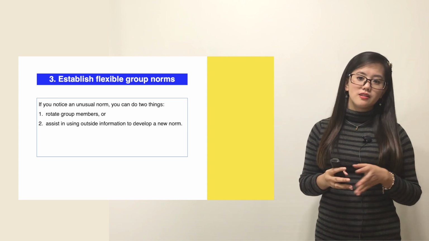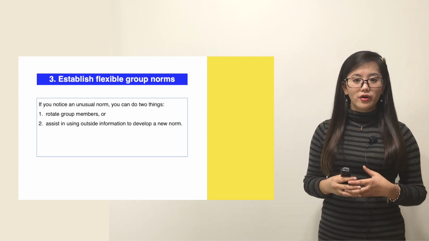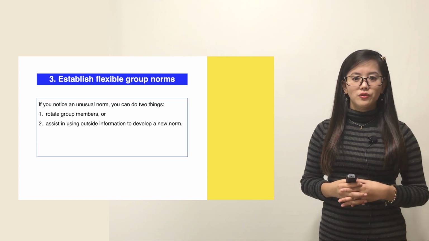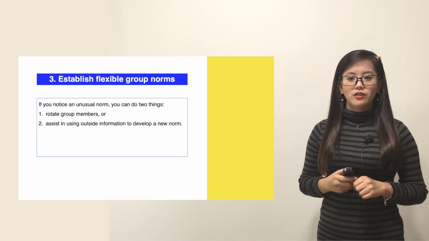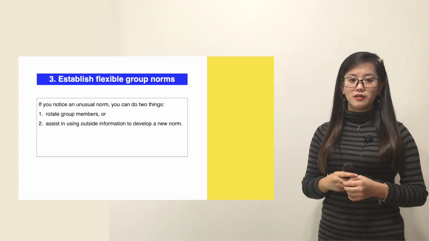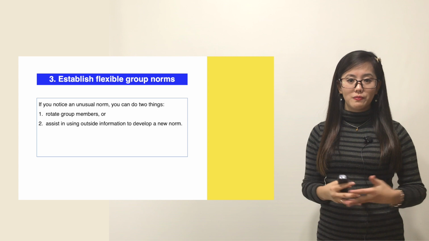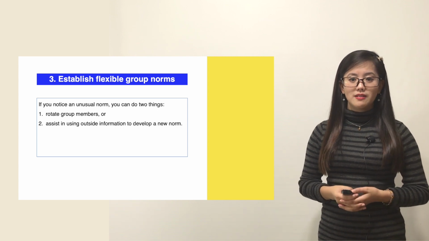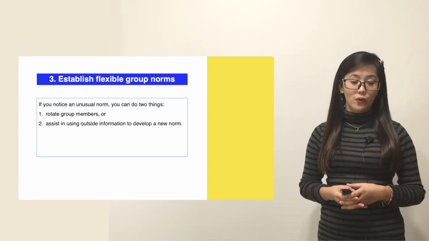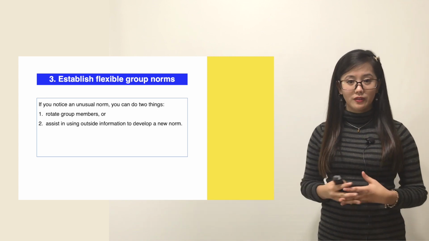If you notice a deviant norm or an unusual norm, a rule, okay, you can do 2 things. You can just rotate the group members, or maybe assist in using outside information to develop a new norm or a new rule.